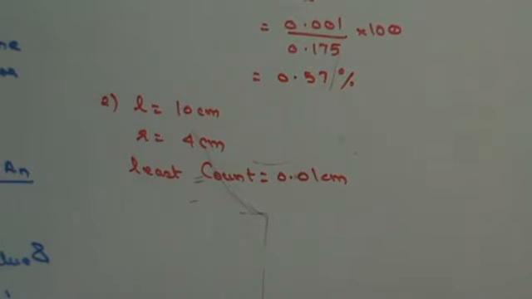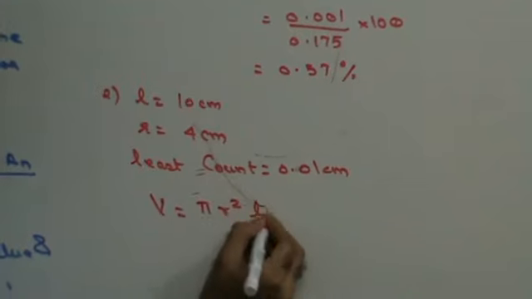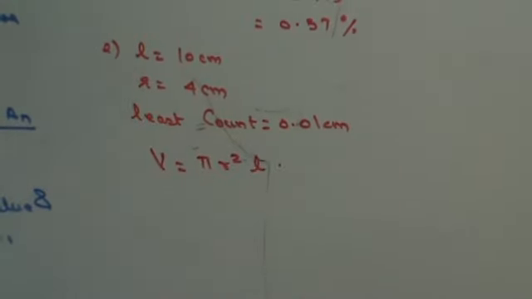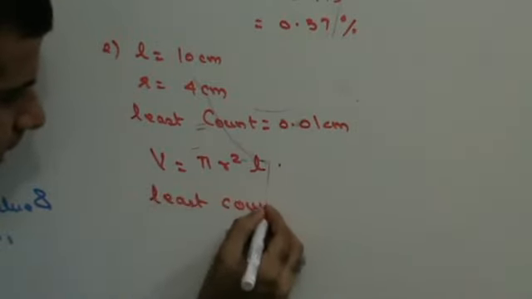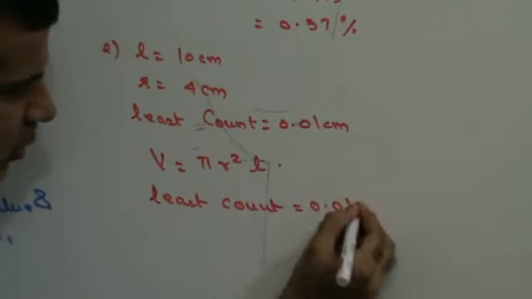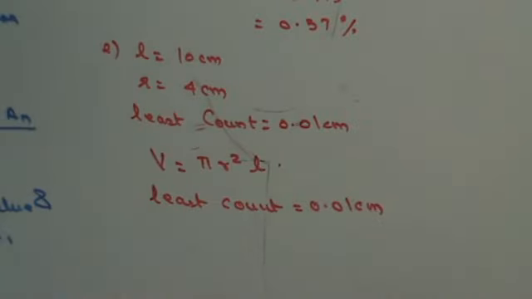Okay. Now, they have asked you the volume of a solid sphere. First of all, let's find out what is volume. Volume of a sphere, guys, is pi r square L. Since the least count is 0.01 centimeters, least count represents the error that will be there.